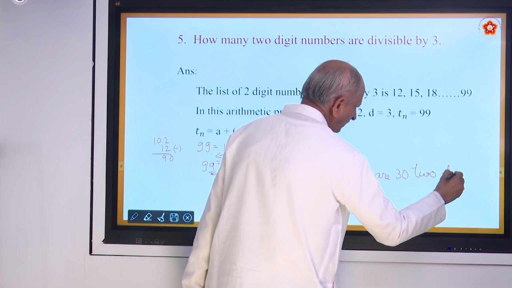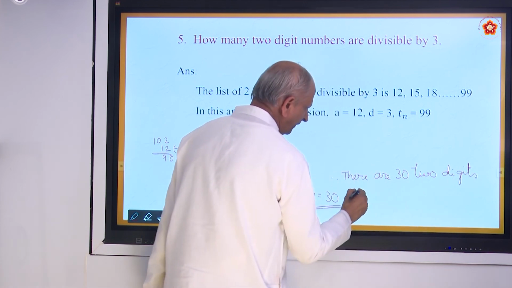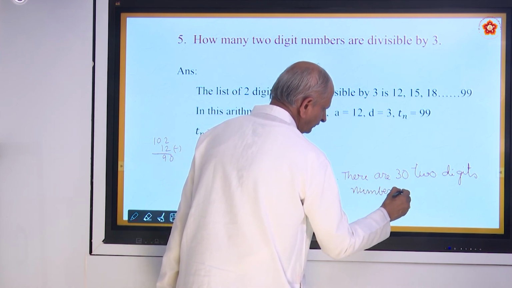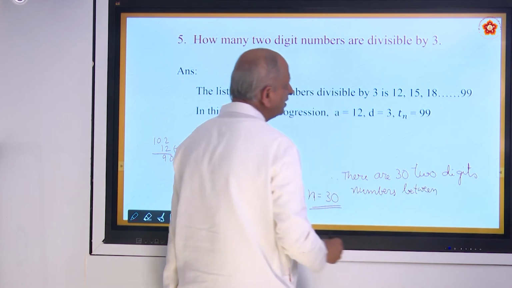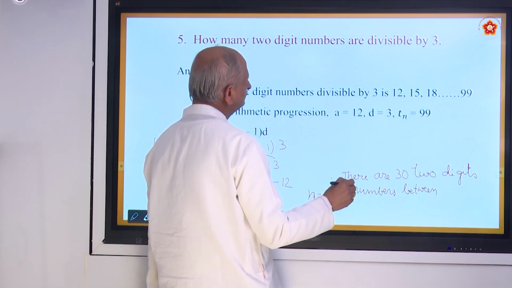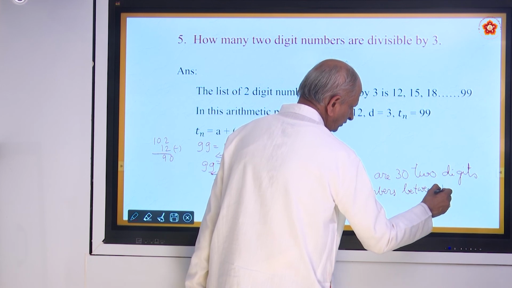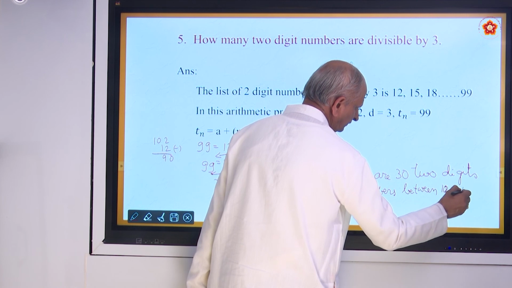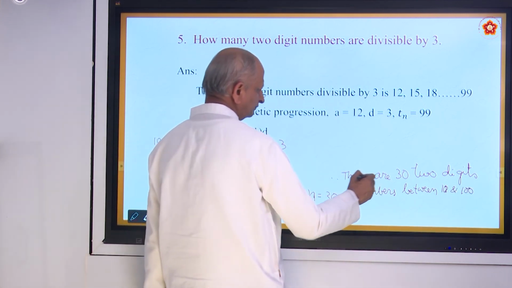This writing of the answer is very important, that carries half marks in the exam. Is it not? So this is the answer.